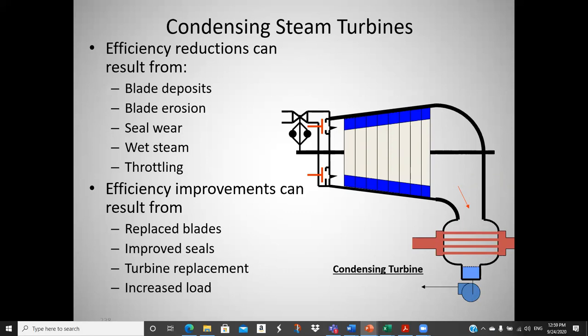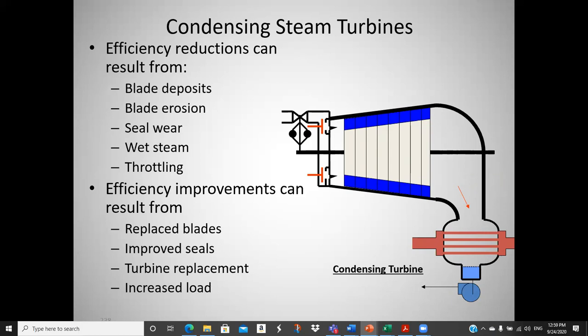Wet steam, with too many water droplets, can erode the turbine blades and cause damage. And throttling depends on how your control valves are set up.